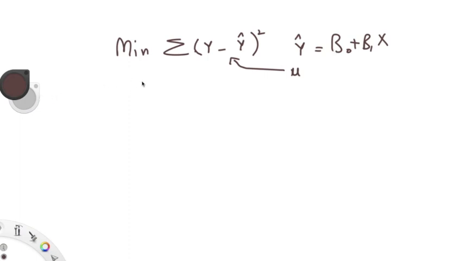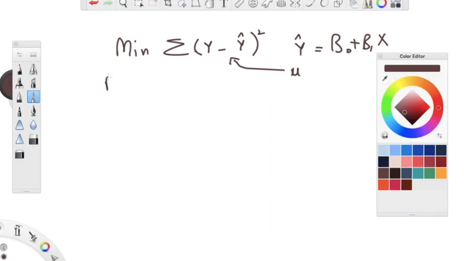So first step is just to replace this predicted value by beta naught plus beta 1x. So we're trying to minimize summation y minus beta naught plus beta 1x. This is what we are trying to minimize.